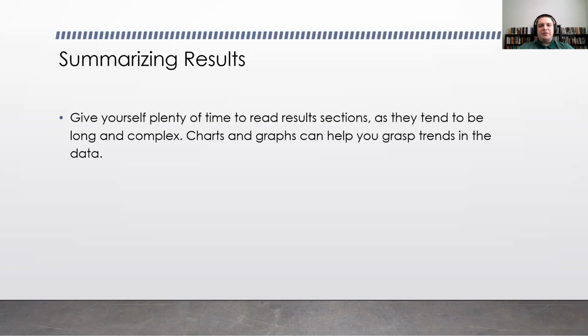So give yourself time to read through these sections. There is going to be a lot of repetition in a section like this, particularly since scholars tend to investigate very similar research questions for the same sample.